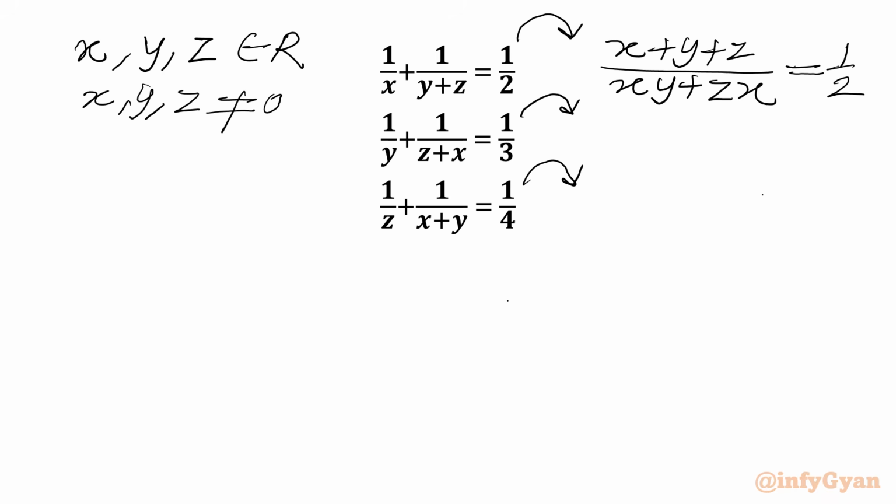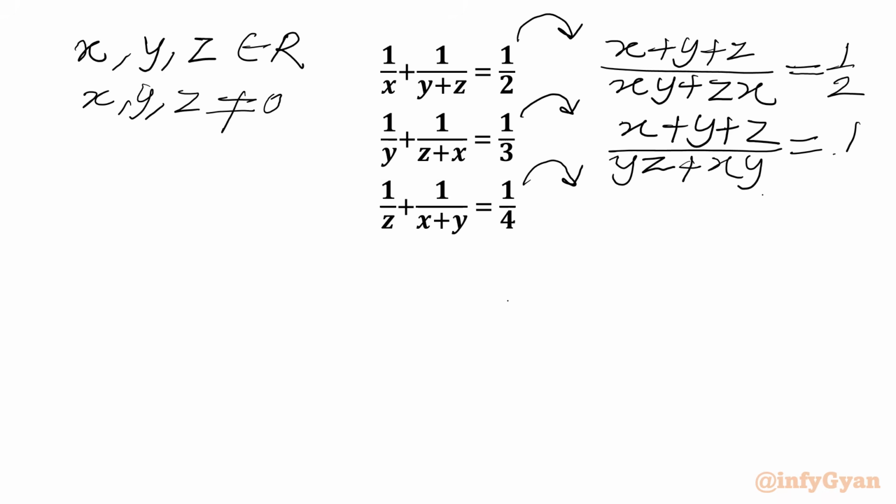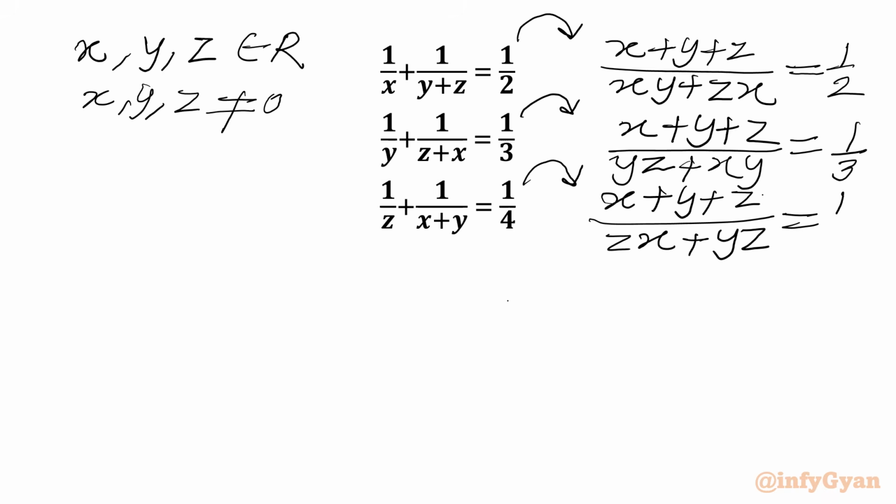From second equation, we will get x plus y plus z over y times z plus x, yz plus xy equal to 1/3. From third equation, we will get x plus y plus z over z times x plus y, zx plus yz, which will be equal to 1 over 4.